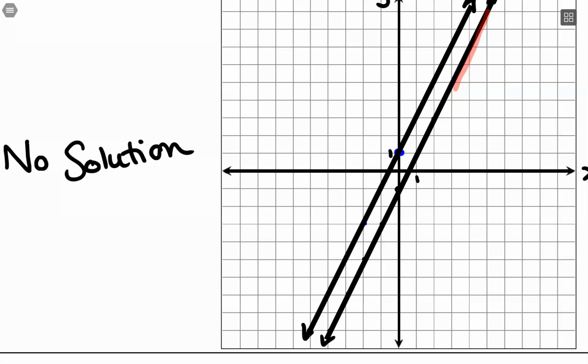In those cases, it's called a redundant case because you're just getting the same line out twice. But with that, you're basically intersecting absolutely everywhere on that line. So in those cases, we would say infinitely many solutions, because absolutely anything would work because it would be on that line there.